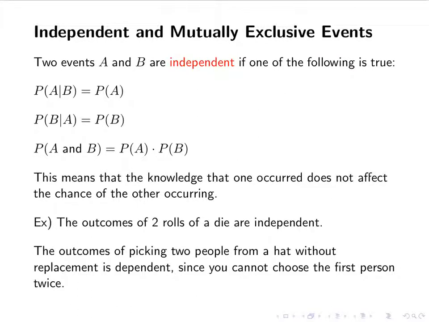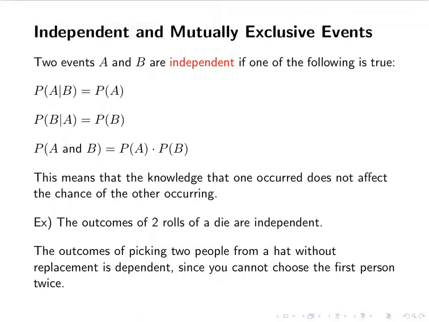An example of something that's not independent is picking two names from a hat without replacing back the first one. So I choose a name from a hat, everyone has the same probability of being chosen, but once I pull that first name out and choose a second name, the chances have now changed. For instance, I can't choose the first person.